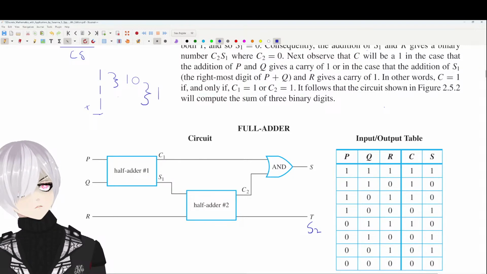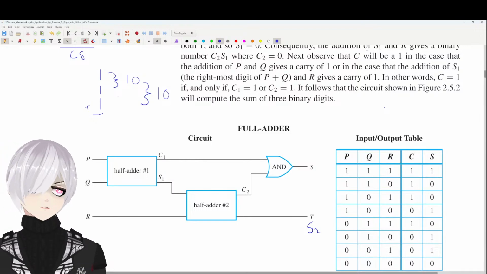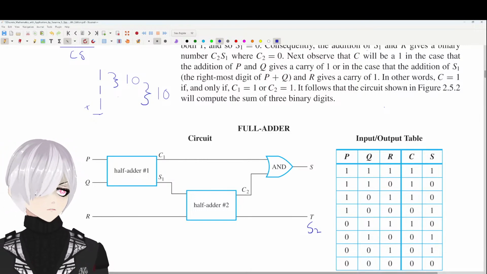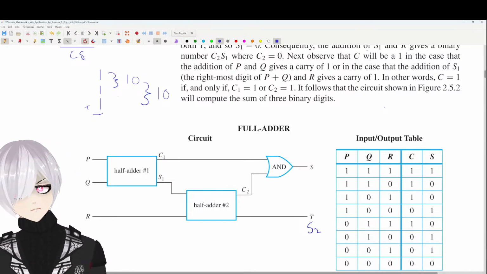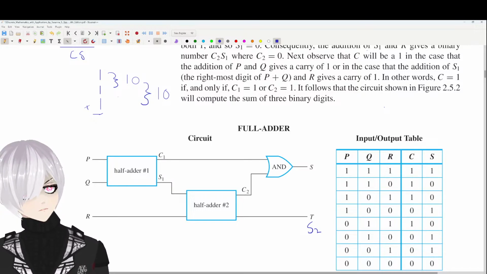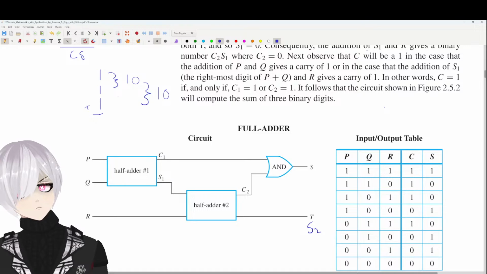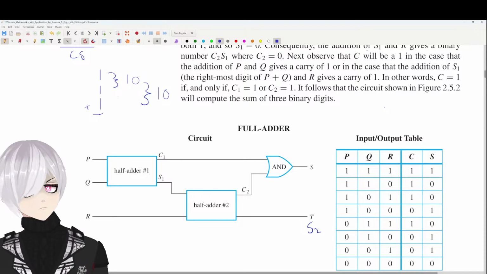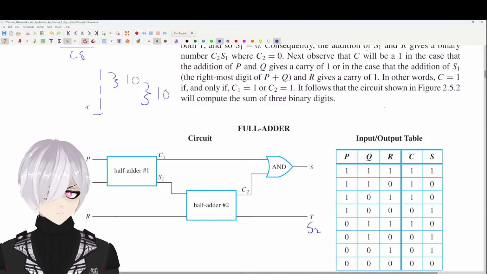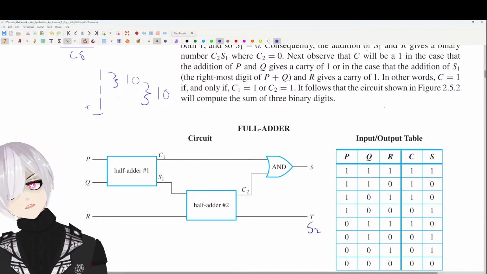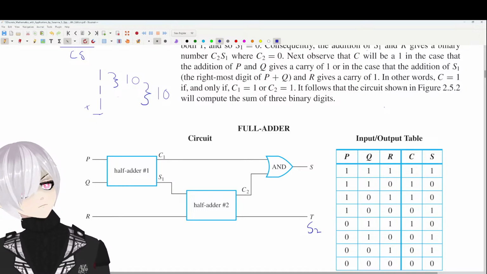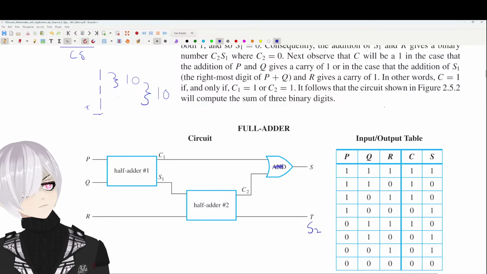So I think we should have an OR gate there. Yeah, I guess it would be an OR gate, not an AND gate. And that actually is the shape of an OR gate, typically. Yeah, so maybe that's what's meant.